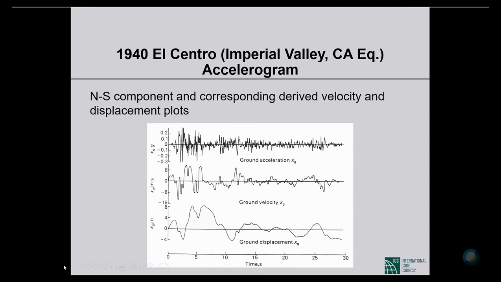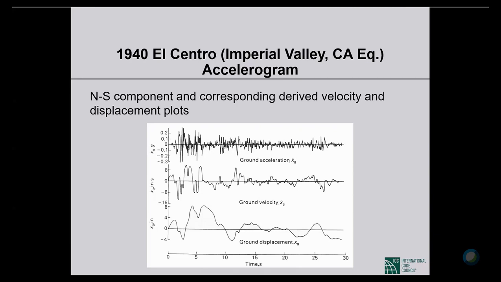And then if you integrate the velocities one more time with respect to time, you get the displacement history. This is the displacement of the ground, which we totally understand. Okay. And you see that this is not as frequent as the acceleration, this is pretty much ponderous motion.